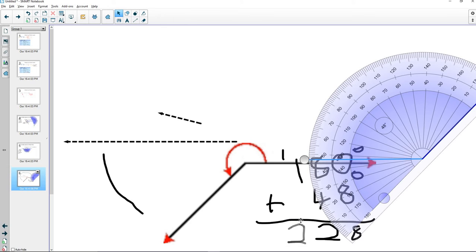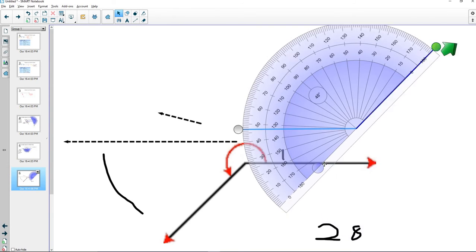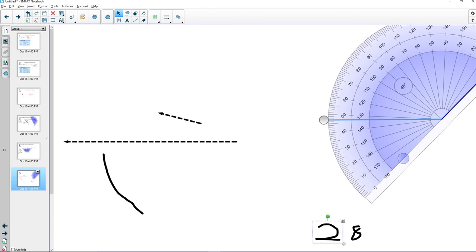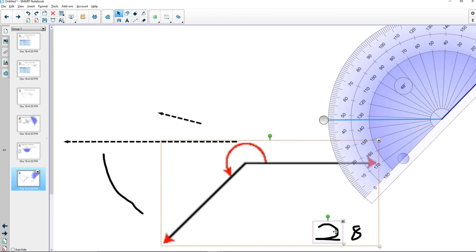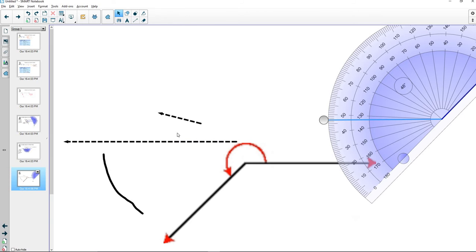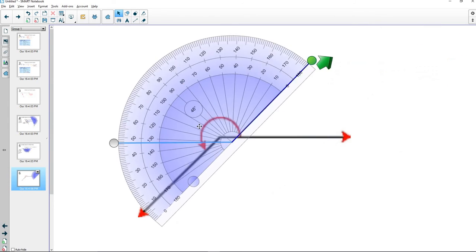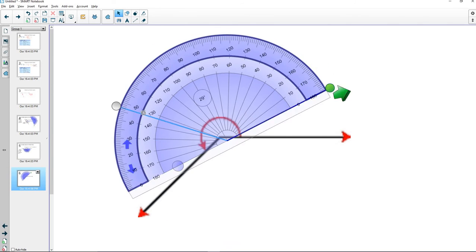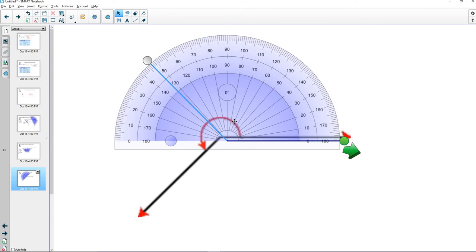Alright. Now let's try it using the subtraction method. Okay, so first we have to once again figure out where we want to place it.